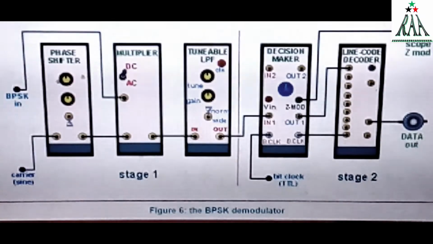A multiplier will be used to multiply the 2 signals: one will be the BPSK signal and the other will be the phase shifted signal of the sine wave. So we have to tune that phase shifter and we will see a recovered signal from the line code decoder.